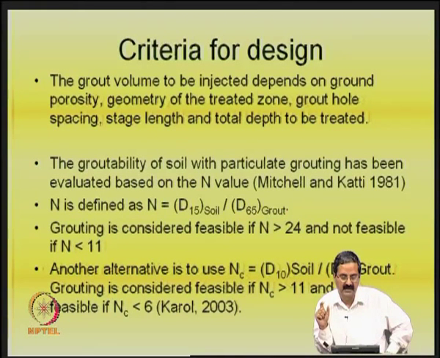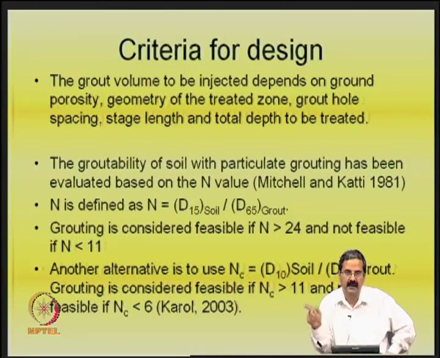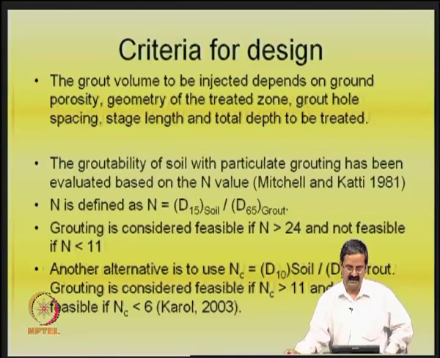We know the size of the particle, but for the D65 size, you are taking the 65 percentile of the grout. It is much smaller than the D15 size of the soil particle, then only the grout can penetrate, is it not? The grout can penetrate if the size is very small. So, you compare the D65 size of the grout and the D15 of the soil, and if the ratio is very high, it is good. So, grouting is considered feasible if N is more than 24 and not feasible if N is less than 11.